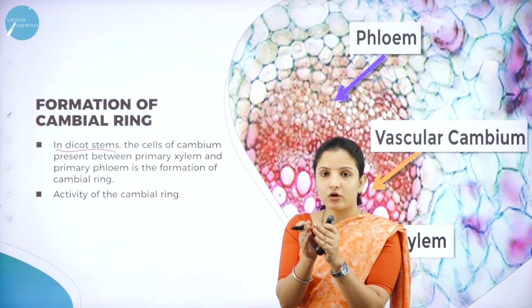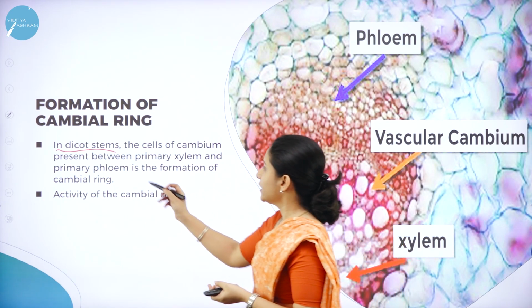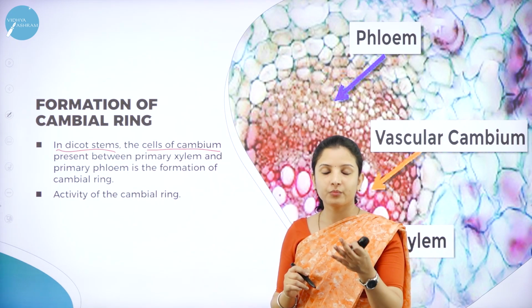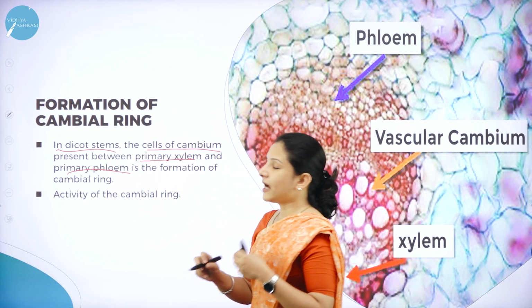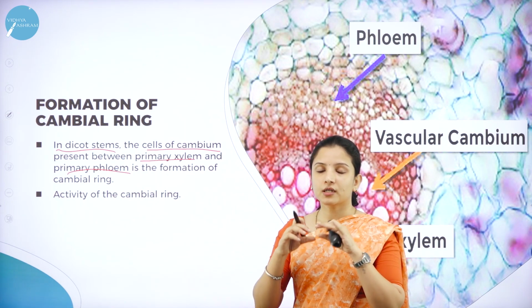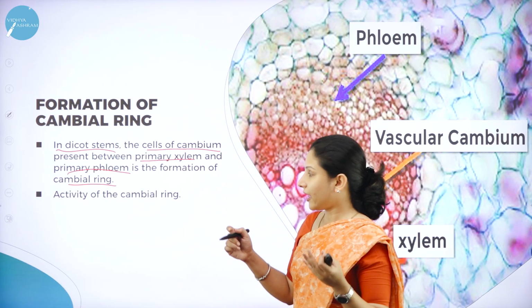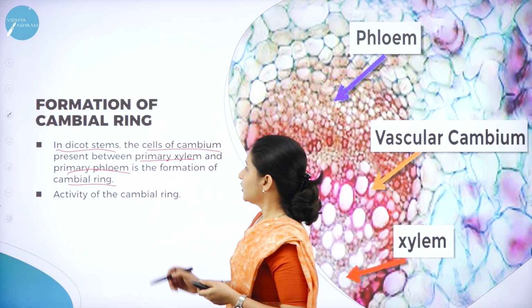From a very small plant stem, it becomes a bigger size. Therefore, in dicot stems, the cells of the cambium form between the primary xylem and the primary phloem, and later on they form a complete cambial ring. And the activity of the cambial ring will also support the xylem and the phloem.